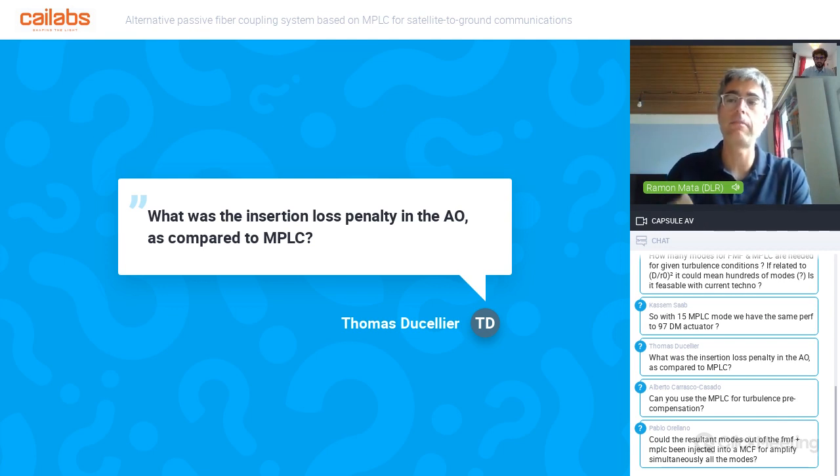If I can take into account in my link budget 1 or 2 dB of extra insertion loss due to one system, adaptive optics based, MPLC based, whatever based, but I get a signal which is really stable, I would prefer that over having less insertion loss but really huge, strong fluctuations.